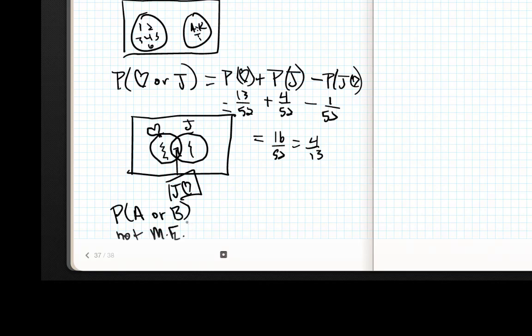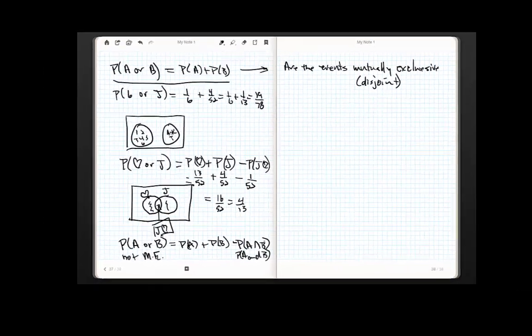We have overlap. The probability of A or B is equal to the probability of A plus the probability of B minus the probability of, in set notation, the intersection. But you'll also hear this referred to as the probability of A and B.